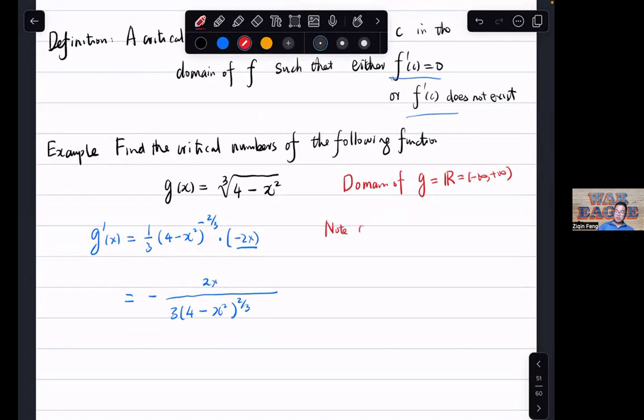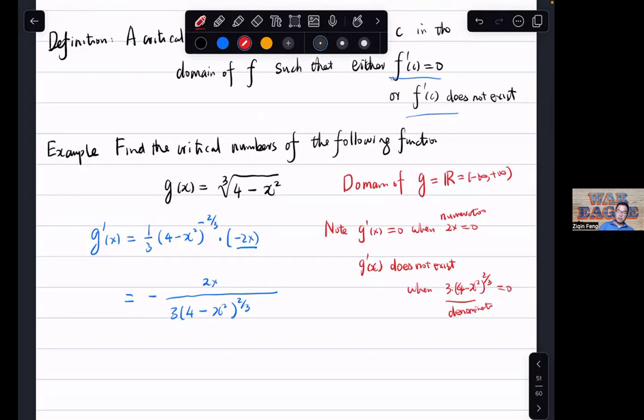Note g prime of x equals 0 when 2x is 0, which is the numerator, and g prime of x does not exist when the denominator, which is 3 times (4 minus x squared) to the power 2/3, is 0.